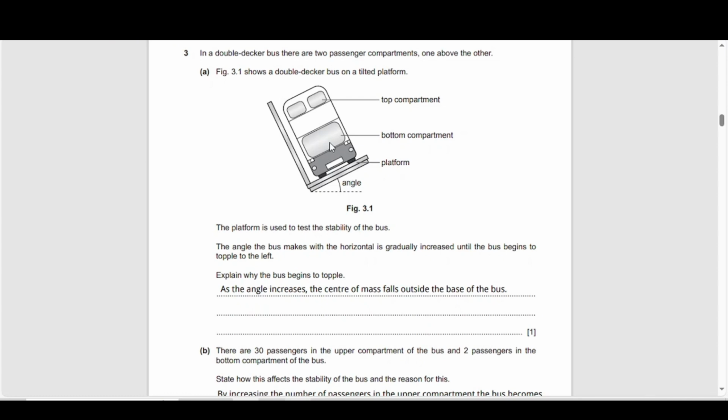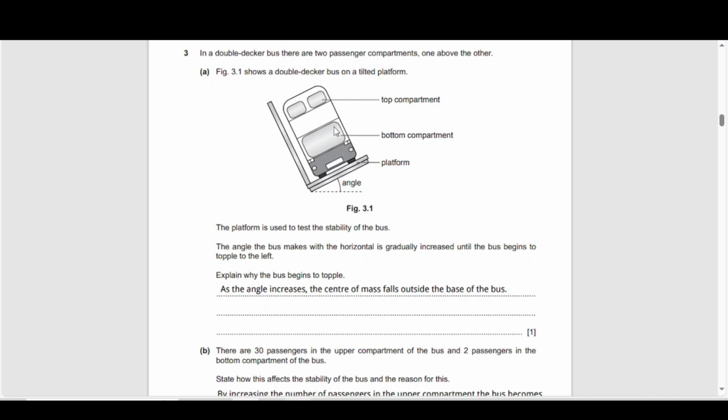So in a bus like this, the center of mass is usually not quite near the base, but it's not at the top either or the center, so it's somewhere around there. An object will stay stable as long as, let's say there's a center of mass there and you drew a line, as long as the line passes through the base of the object, that object will be stable.